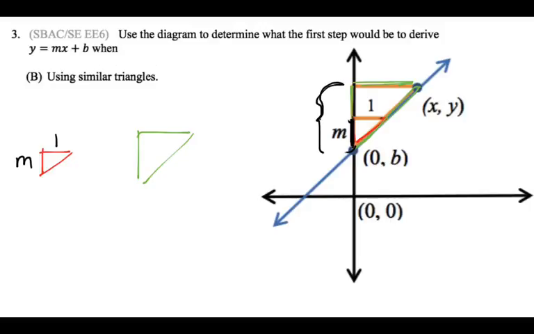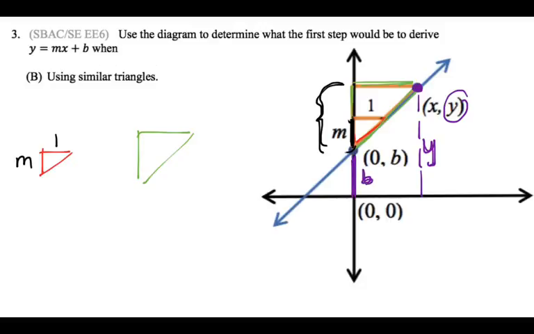This side right here, I can't use the m, but I can look at this for a second. If I look at this height right here, this height would be y. The reason I know it's y is because this ordered pair is telling me I go over x and I go up y. So this length is y. Okay. This length right here is b.